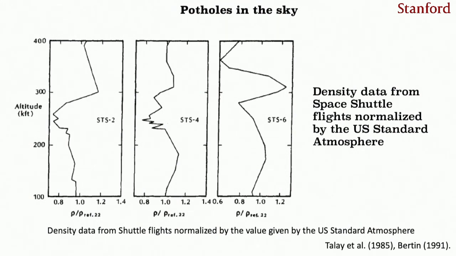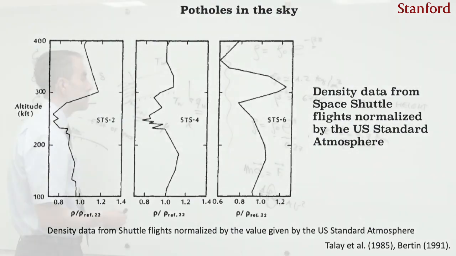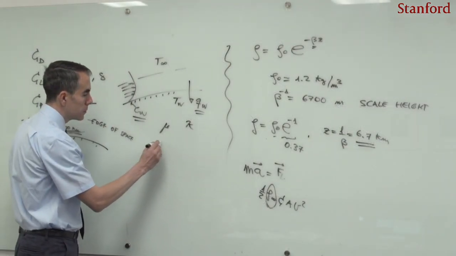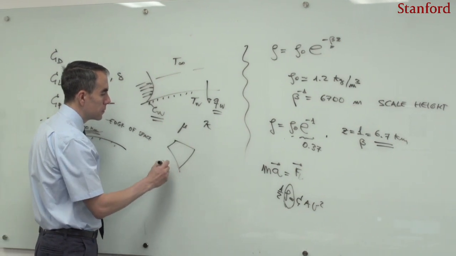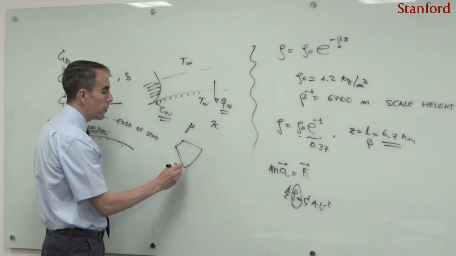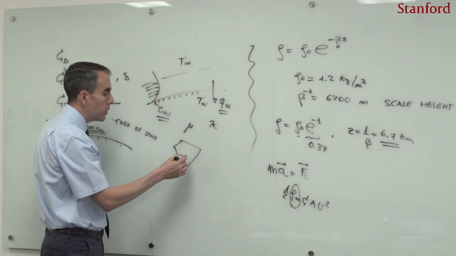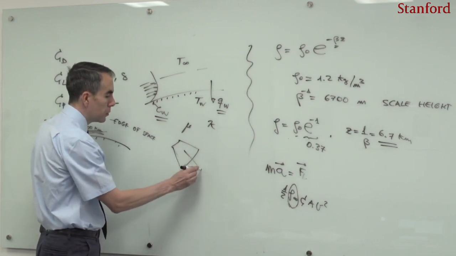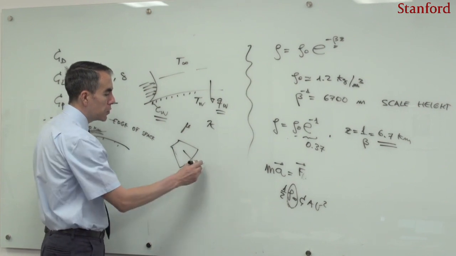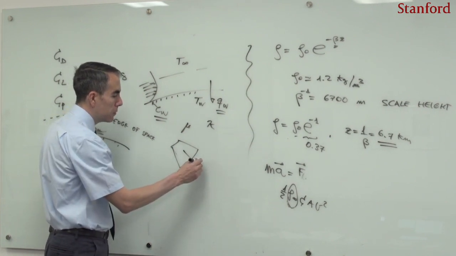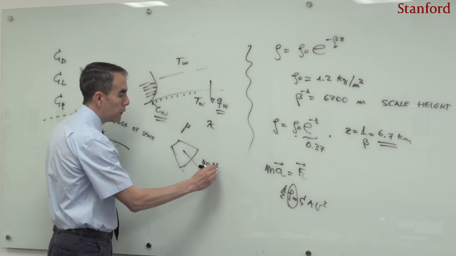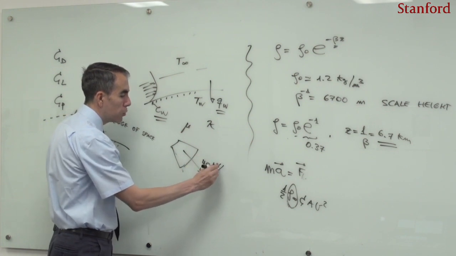Well, if you think about that variation, if you have a spacecraft that is re-entering, a space capsule, and this space capsule is going to be moving at velocities that are comparable to the first cosmic velocity, so it's going to be moving at velocities of the order of 40 kilofeet per second or so.